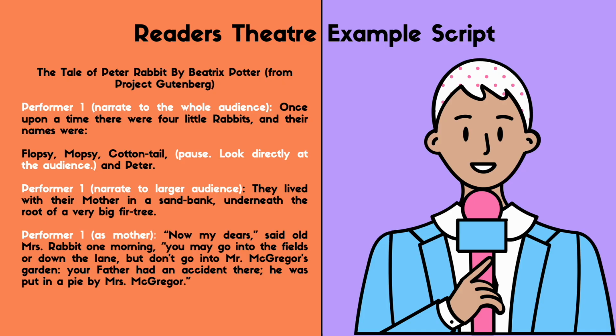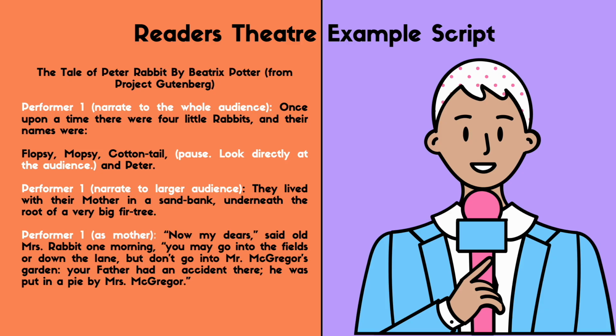So using that text, we want to transform it into a Reader's Theater example script. With the script, what you want to do is break up your text for one performer or multiple performers. In this case, there is just one performer, and this is an example text.